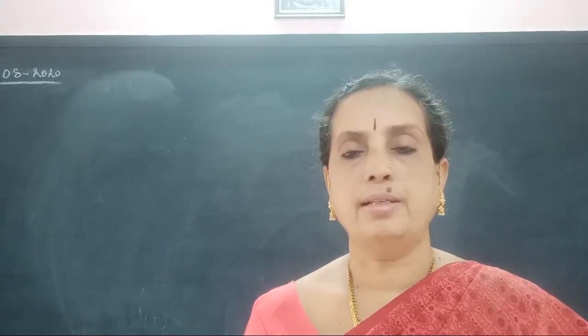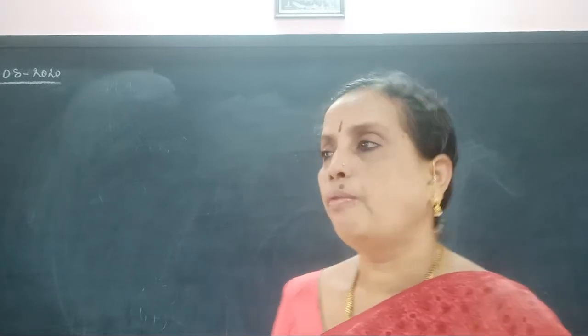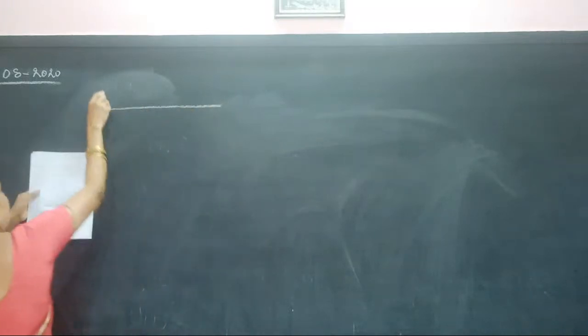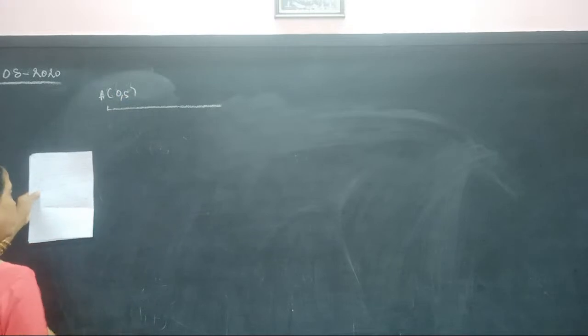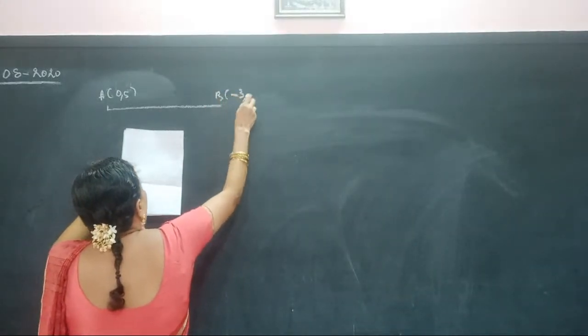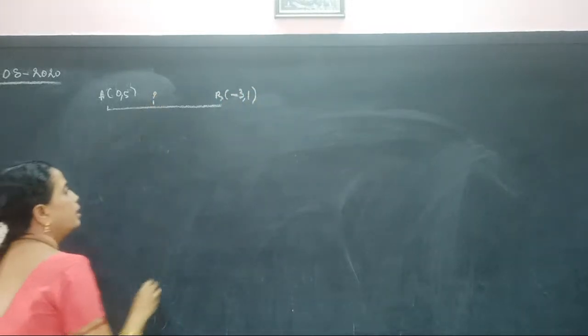Yes, (0, 5). Point A is (0, 5). And B has the coordinates (−3, 1). Find the length of AB.